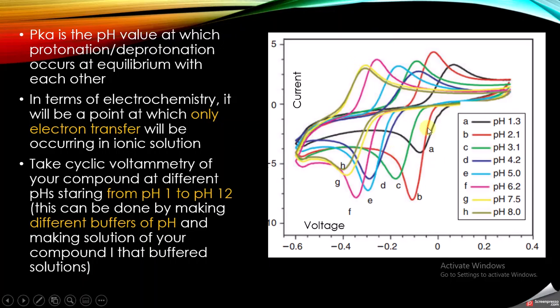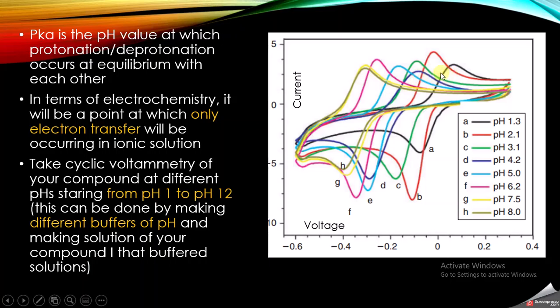Here on this graph you can see the CVs of one particular compound at different pH, starting from pH 1.3 to pH 8, but you may need to take the CVs of your compound up to pH 12. I have shown the compound here only till pH 8. You will see that for the peaks, this one is the anodic peak and the lower one is the cathodic peak, and these peak positions change with respect to the pH.